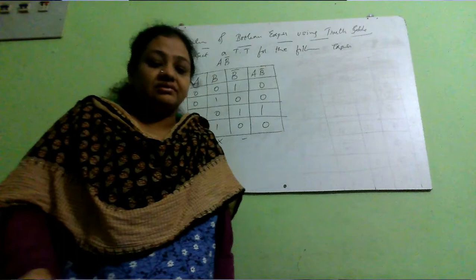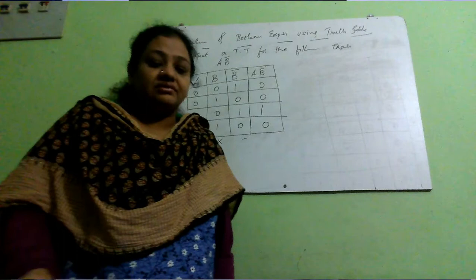So for the following expression, Boolean expression A, B bar, let us see how to construct a truth table for A, B bar.